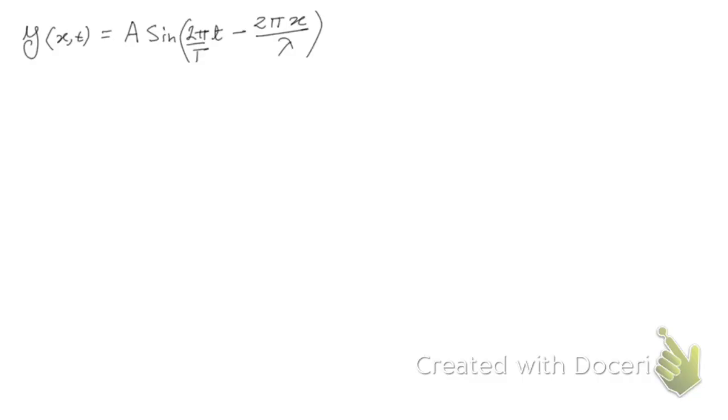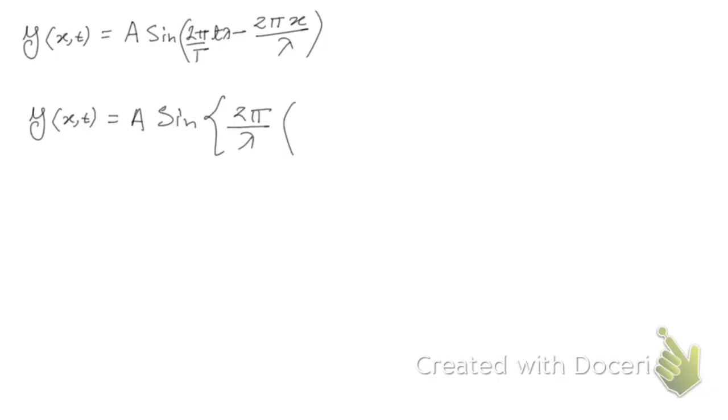So then what we're going to have, y of x comma t equals A sine of, if we take 2 pi by lambda common, then within the bracket, here we don't have any lambda, so that's why we have to consider lambda by lambda here.